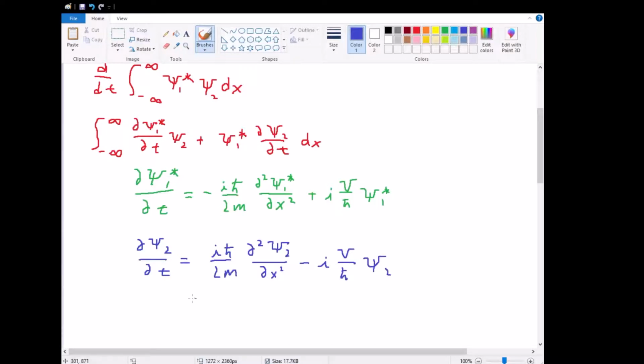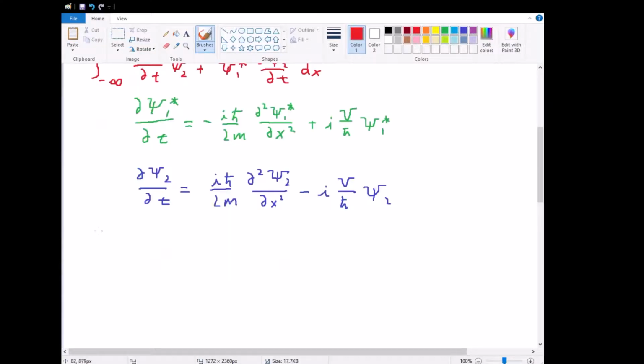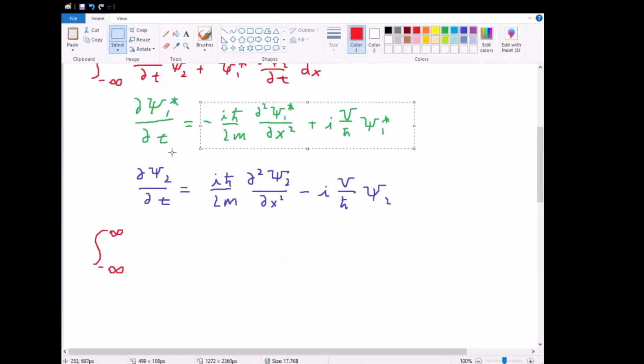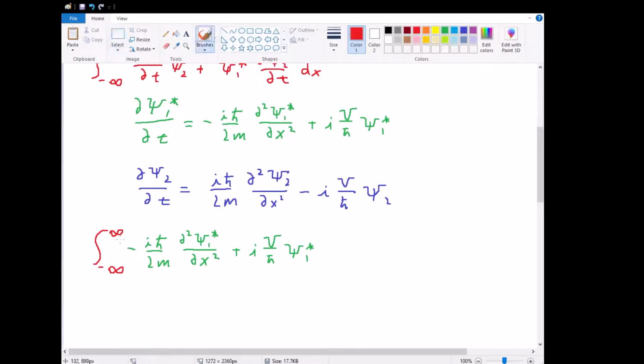And so we can just plug these in. Let's do that right away. This becomes the integral from negative infinity to positive infinity of, first off, our partial of psi 1 star with respect to time. Let's copy paste this over here, and I'm going to add a bracket right here.